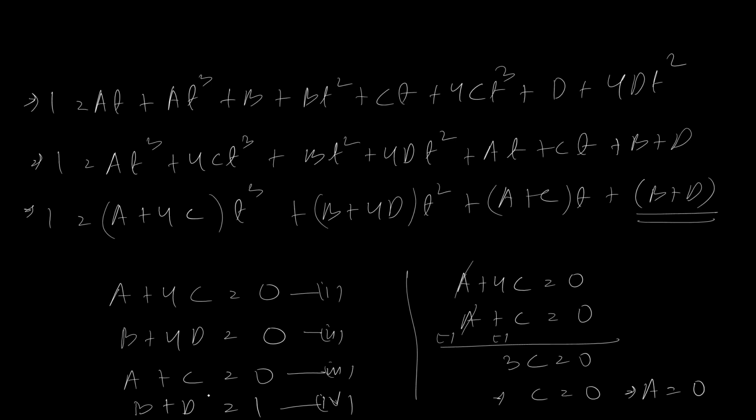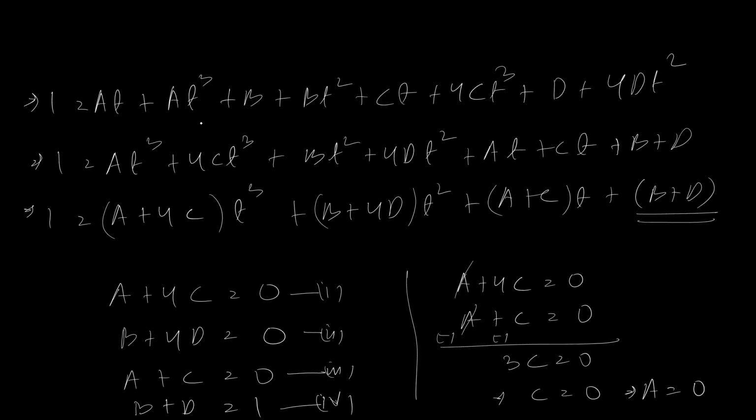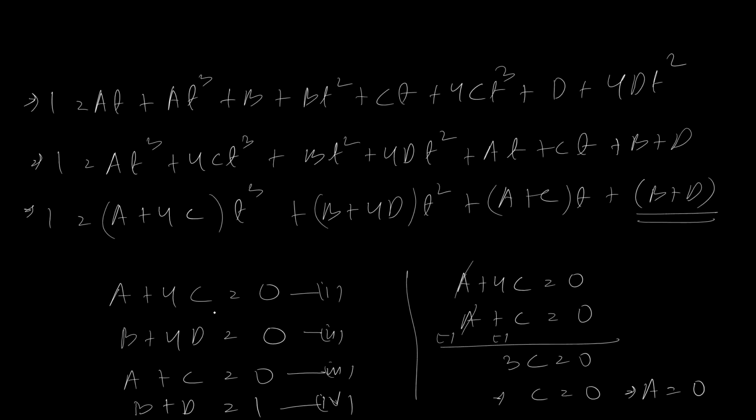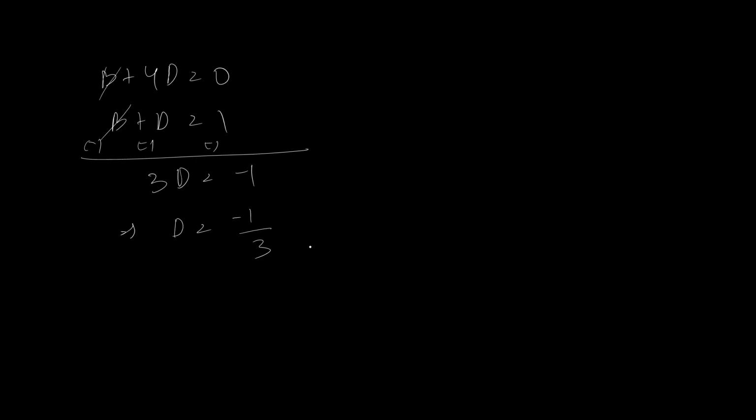Now let's take equation 2 and equation 4. So b plus 4d is equal to 0 and b plus d is equal to 1. If I subtract these two equations, b cancels out, 3d is equal to minus 1, d is equal to minus 1 by 3.